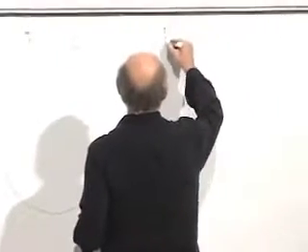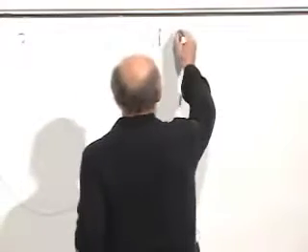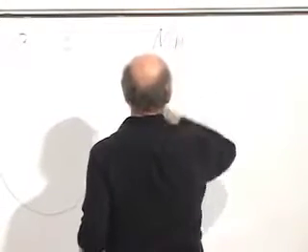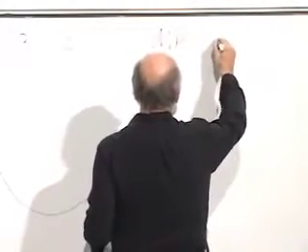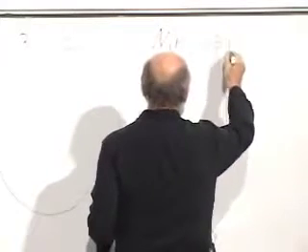Now I'm interested in the number of entities which have property A and not B. Not B is whatever the opposite of B is.